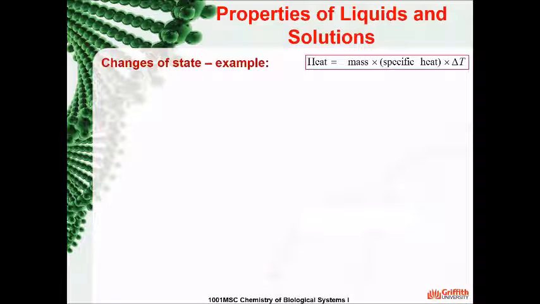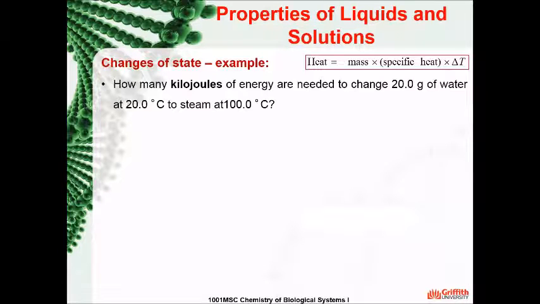Let's see another example. How many kilojoules of energy are needed to change 20 grams of water at 20 degrees Celsius to steam at 100 degrees Celsius? Again, in this question, we have 2 stages. The first stage is to warm the water from 20 to 100 degrees Celsius.